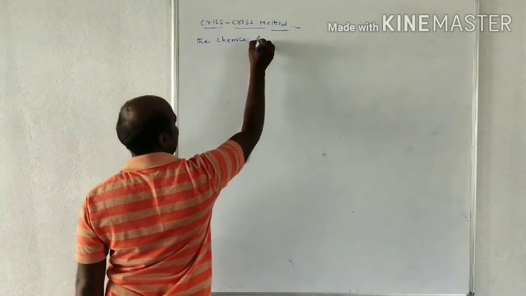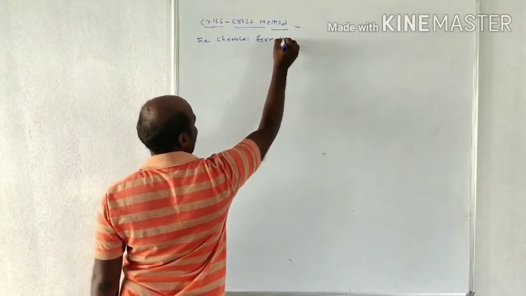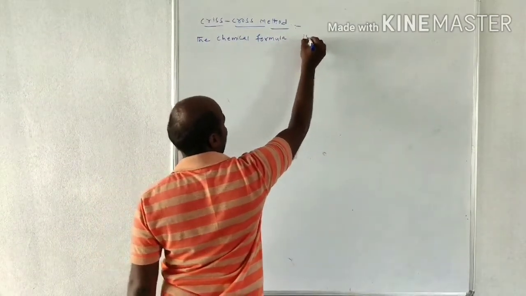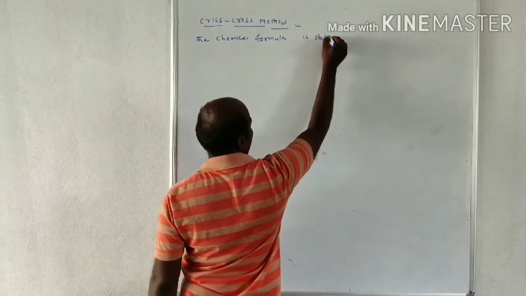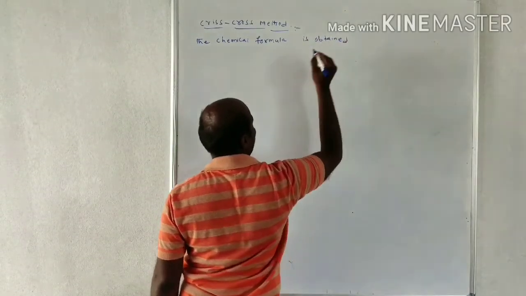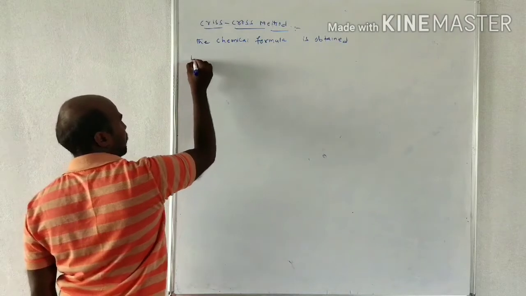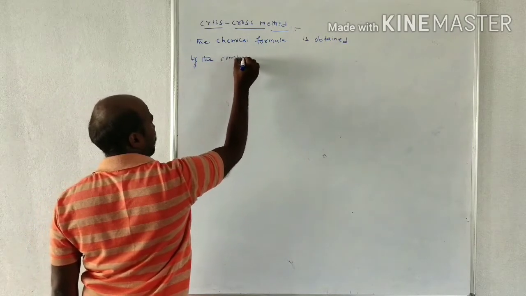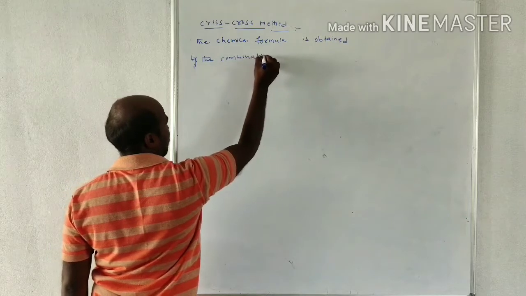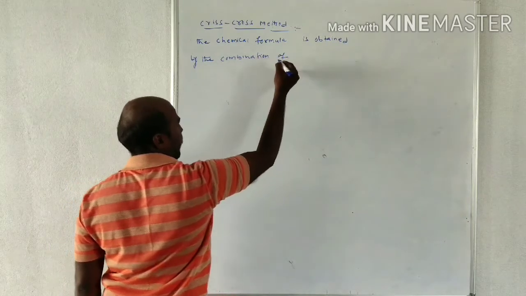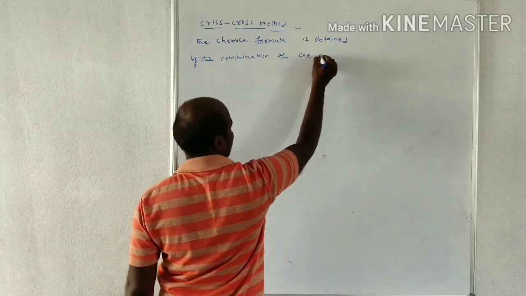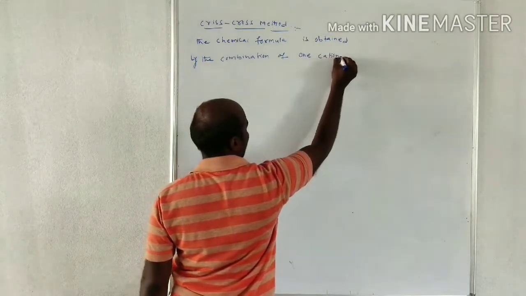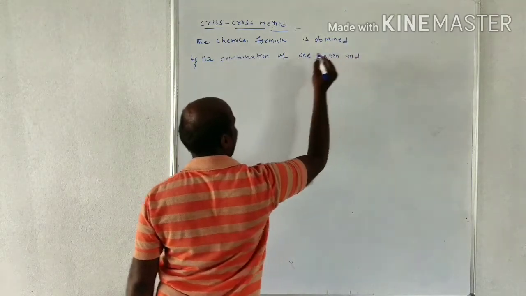The chemical formula is obtained by the combination of one cation and one anion.